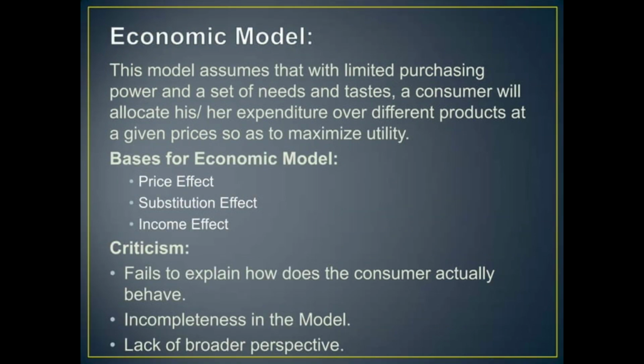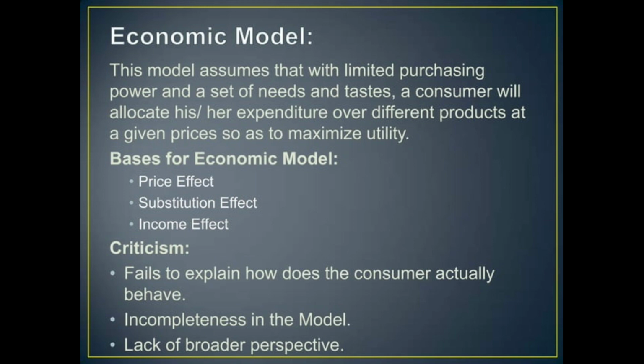So what do you mean by economic model? This model assumes that with limited purchasing power and a set of needs and tastes, a consumer will allocate his or her expenditure over different products at a given price so as to maximize utility. The basis for the economic model is price effect, substitution effect, income effect, and criticism.